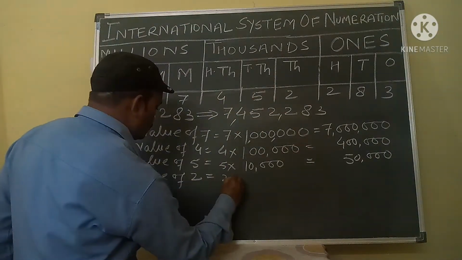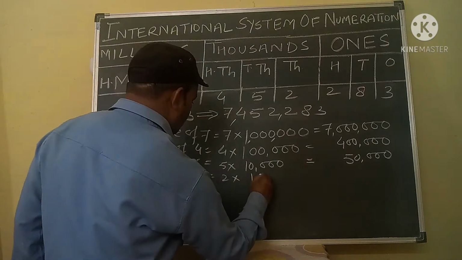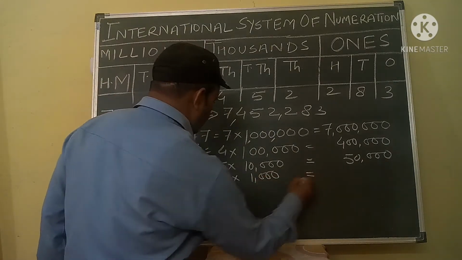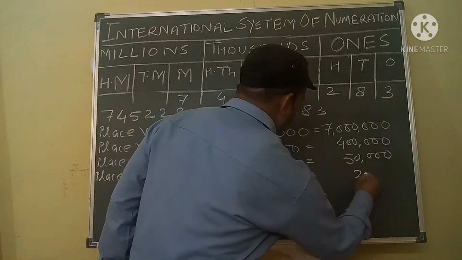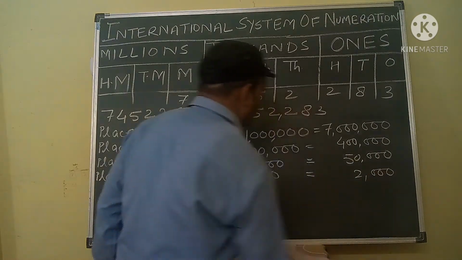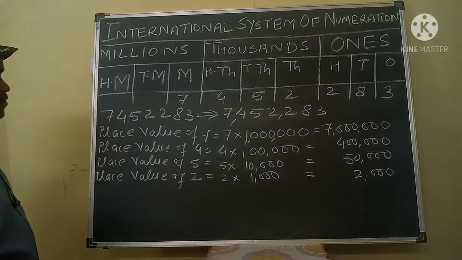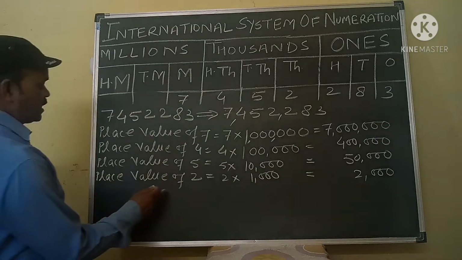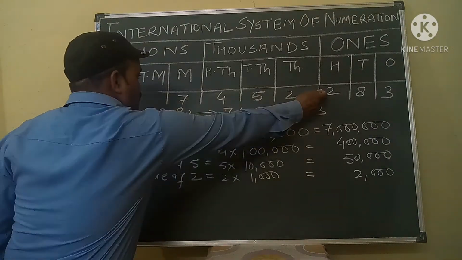So 2 multiplied by 1000 will give you 2000. Okay. Again, we will take out the place value of 2.